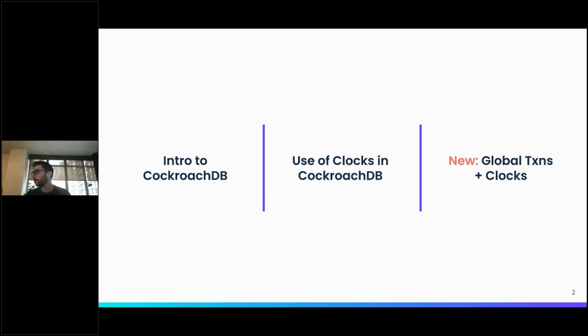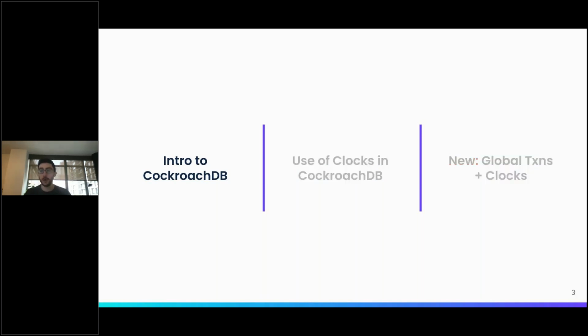And then finally, we'll close with a discussion on some of the newer uses of clocks that are pushing the behavior of Cockroach further than it's gone before. Most of these are in the realm of multi-region transactions, where clock synchronization can be even more helpful because of how high network latency gets when you're running in a global cluster.